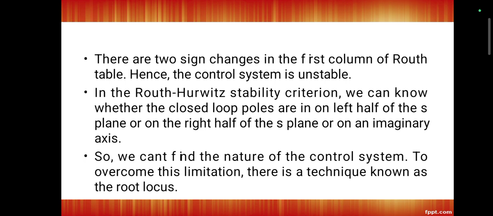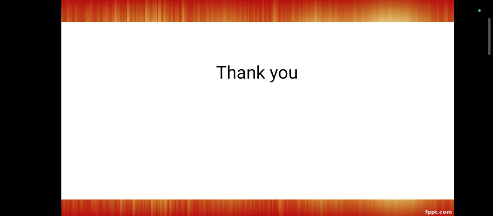So from the right half and left half of the S-plane, we can tell whether the system is stable or unstable. The updated version of this is the root locus technique. By using root locus, we can determine whether the system is stable or unstable.